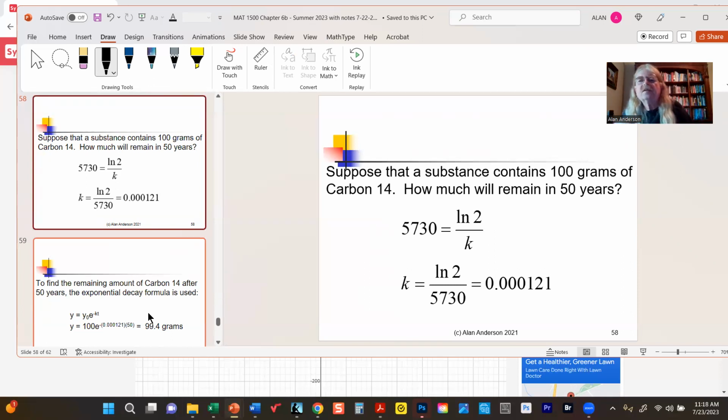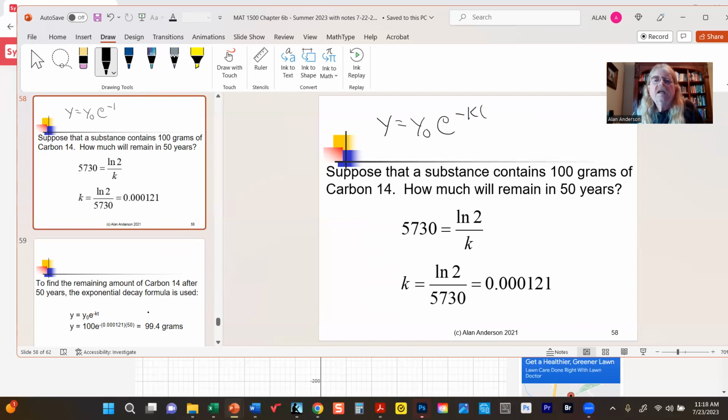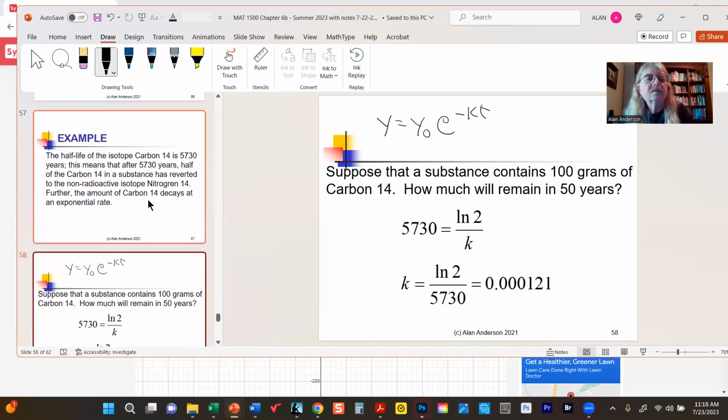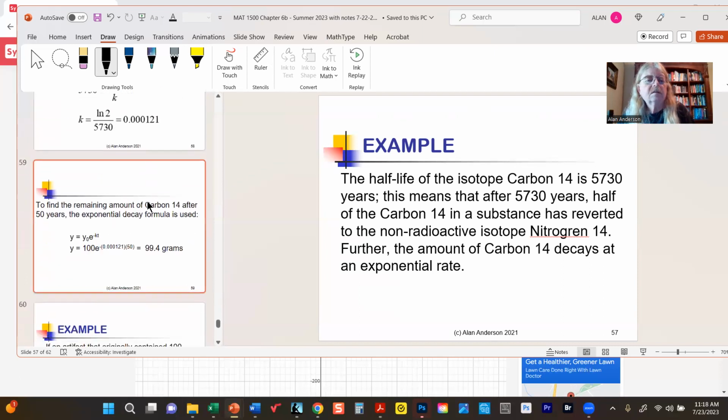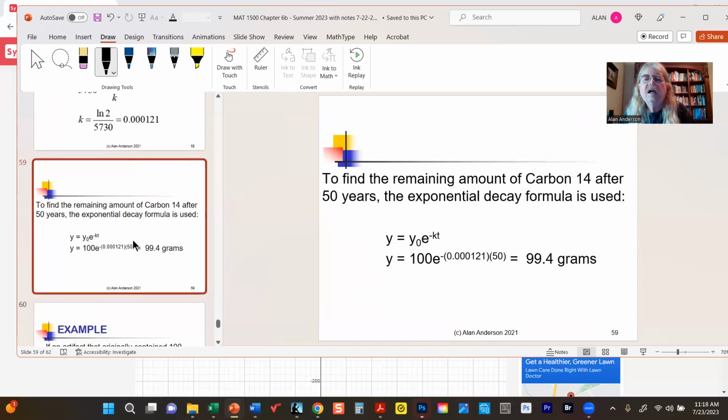Now, this, remember, is the decay factor that we just solved for in the exponential decay function. So what we can do now is say, if we started out with 100 grams of carbon-14, how many would remain after 50 years?